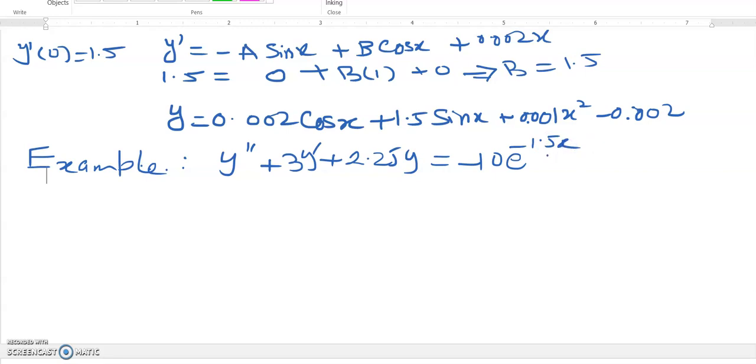So this is the non-homogeneous equation, and we have the initial value conditions: y(0) is equal to 1 and y prime(0) is equal to 0.